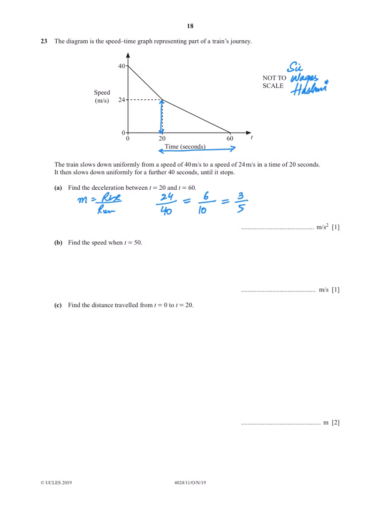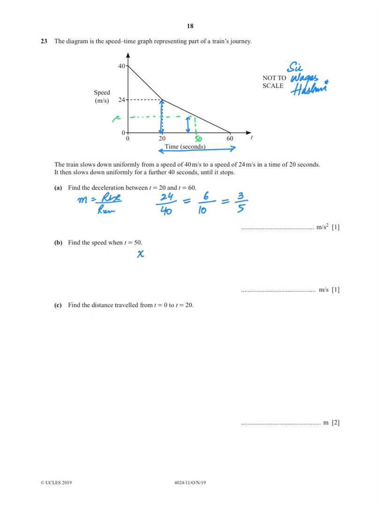In the next part, it says find the speed when t equals 50. So let's suppose when the value of t is 50, the speed is unknown, so I say that it's x. Again, I'm going to apply the same working principle of rise upon run. Now, the rise part is x.